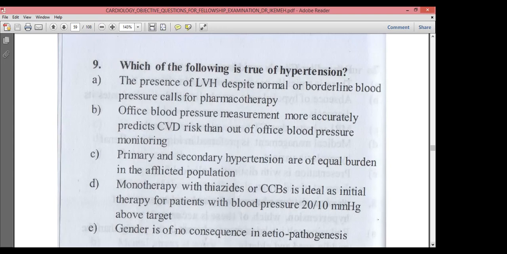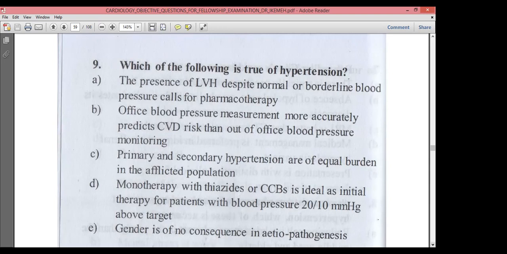D, monotherapy with thiazide or calcium channel blocker is ideal as initial therapy for patients with blood pressure 20/10 millimeters of mercury above target. E, gender is of no consequence in the etiopathogenesis of BP.